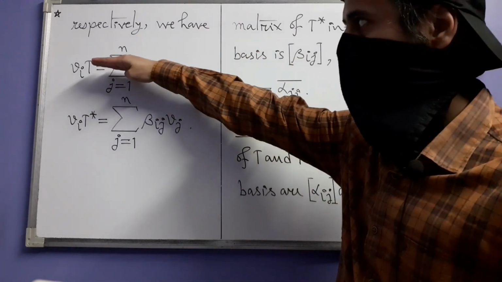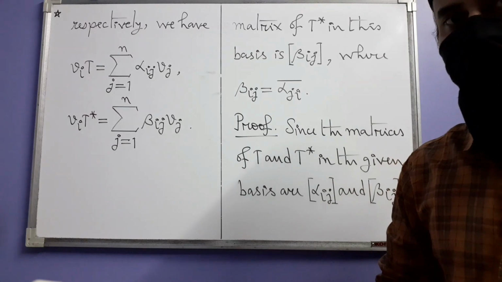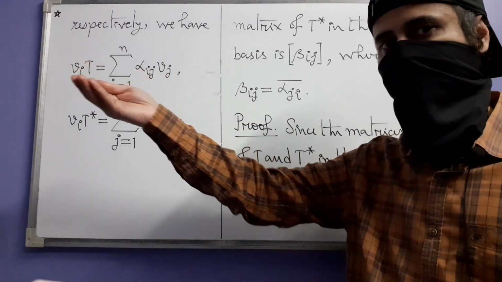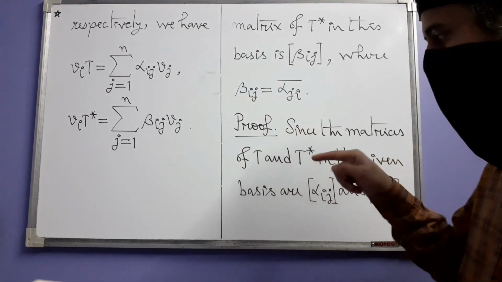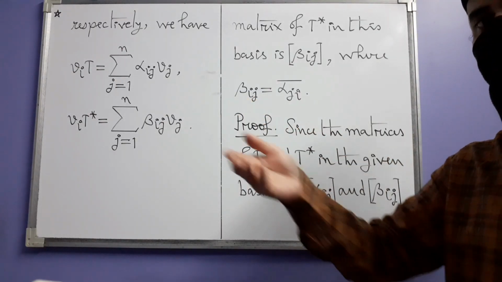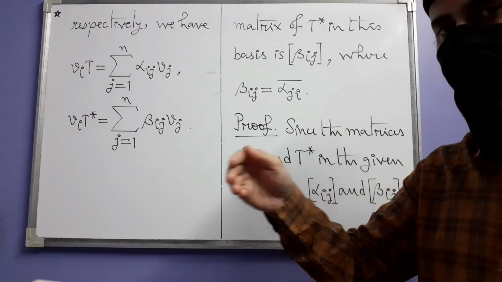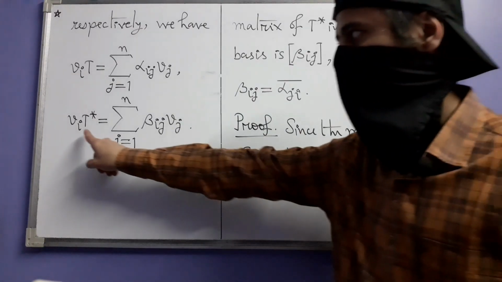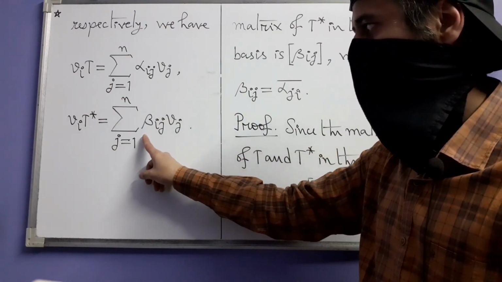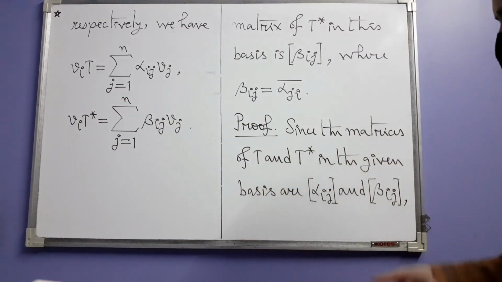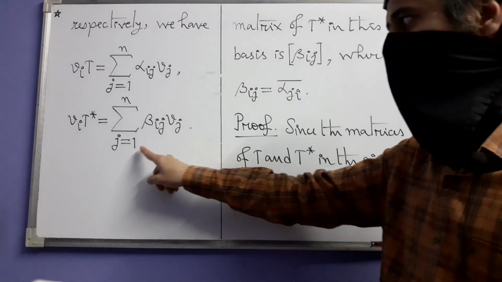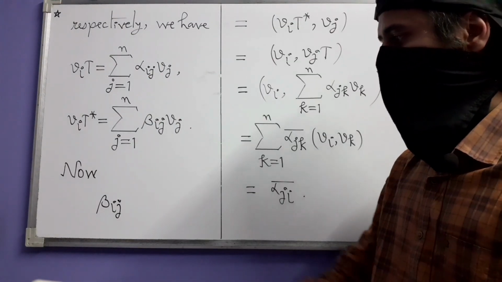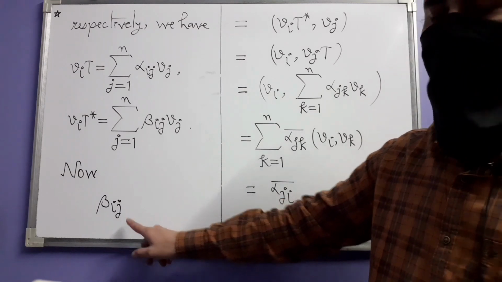If you write all the n equations and look at the coefficients, the coefficients in the first equation become the first row of this matrix, the coefficients in the second equation become the second row of the matrix, like that. Similarly, T star v_i is the summation of beta_ij v_j, because this is the matrix of T star, where j varies from 1 to n. And then next we straight away consider beta_ij.